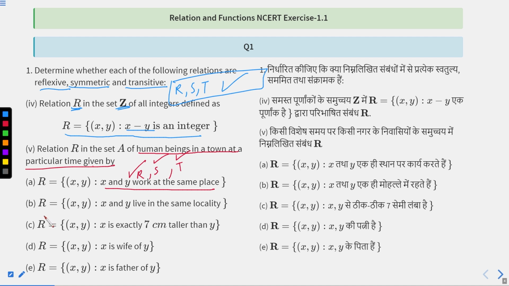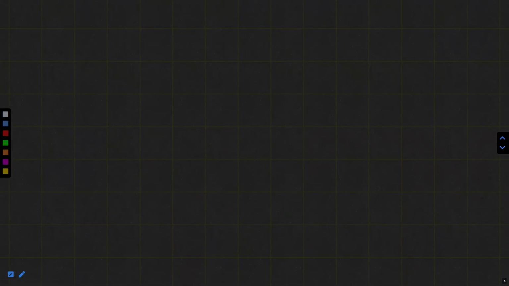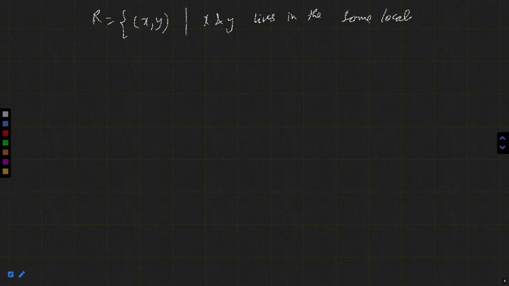Let's check the B part. The B part says X and Y live in the same locality. So R is the set of pairs of persons such that X and Y live in the same locality. What does this mean?